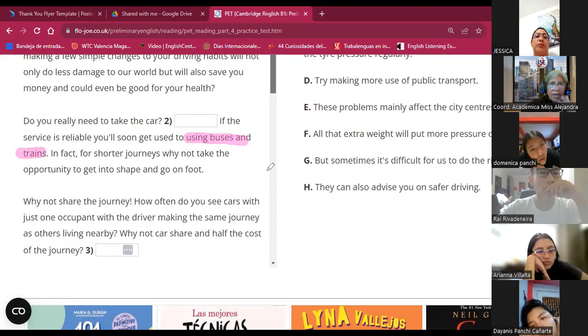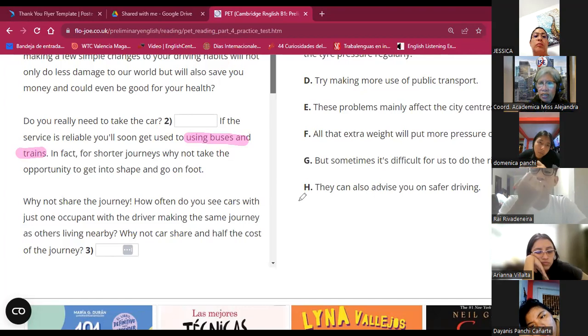Okay. Basically that. But shorter journeys, you can get into shape, doesn't have anything to do with protecting the environment and saving petrol. So shorter journeys and getting into shape don't have anything to do with it, just that you feel better or you get slimmer doing that. Nice. Let's go to the next paragraph.